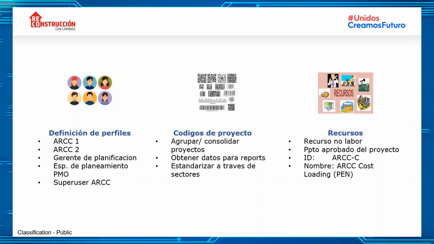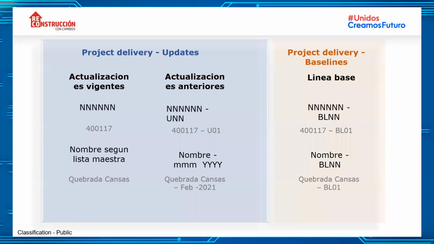And we have also resources. There is no labor, it is the approved budget of the project, the idea of the resources that should be used in all the schedules, ARCC-C, and the name that you will have is ARCC cost loading, that is in soles. Next one, please.